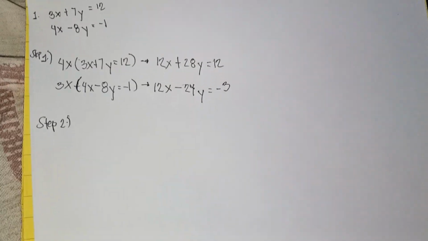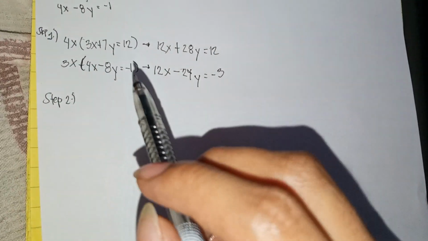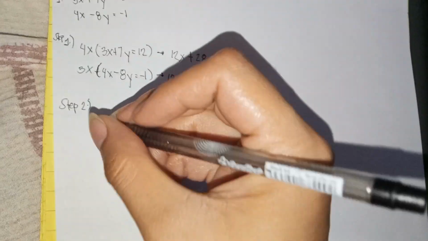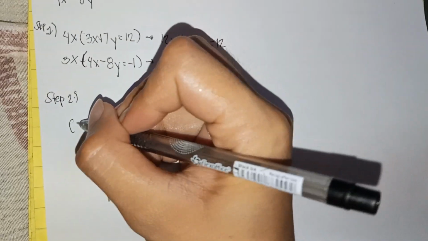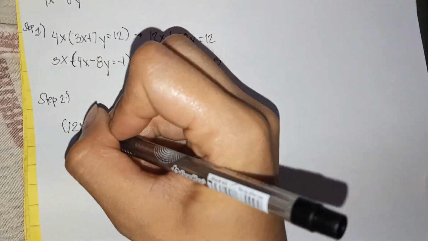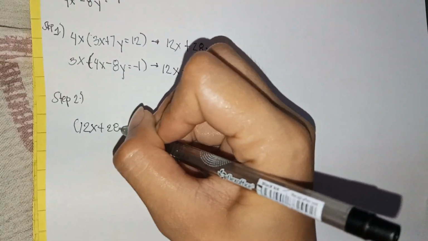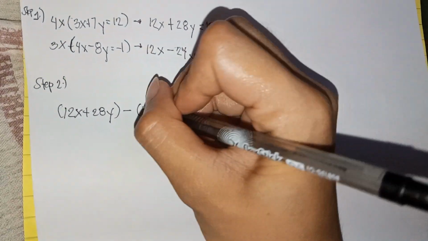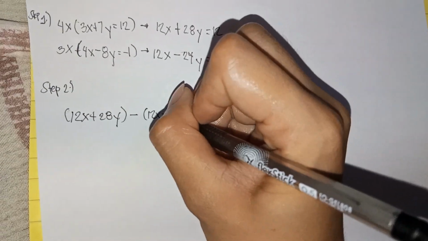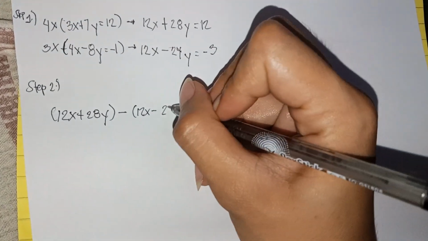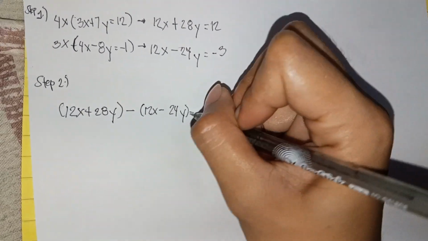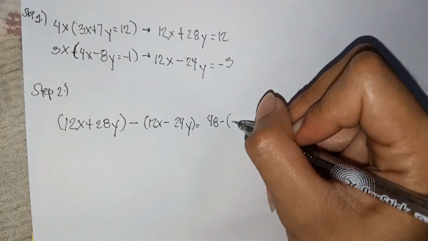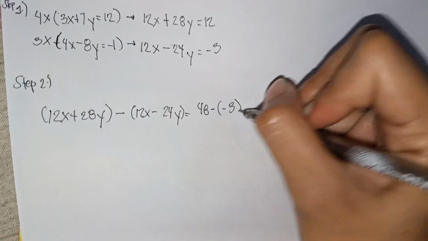Step 2. We take the first new equation minus the second new equation just like this. This is our first 12x plus 28y minus 12x minus 24y equals 48 minus open parenthesis negative 3 close parenthesis.